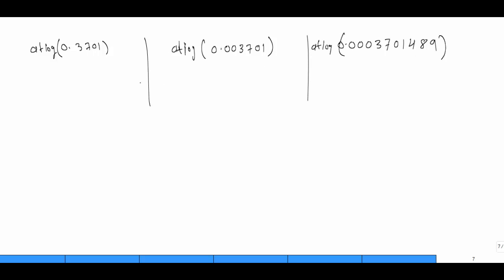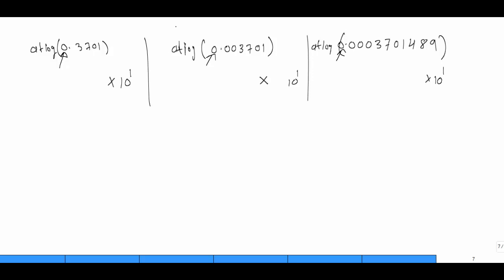Okay, so in the first case, as I said, what is the characteristic before the decimal? Before the decimal it is 0, so 0 plus 1, that means 10 raised to the power 1. The answer will be 10 raised to the power 1 into something. Now here again, what is the characteristic? 0. So again plus 1, and your answer will be 10 raised to 1 into something. In this case again, the characteristic is 0, so your answer will be 10 raised to the power 1.